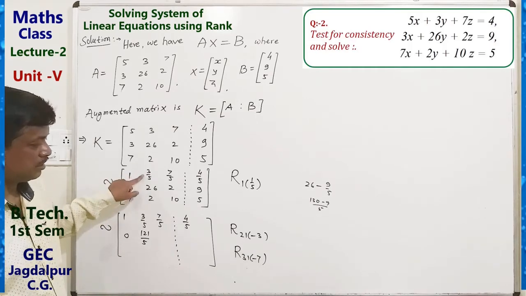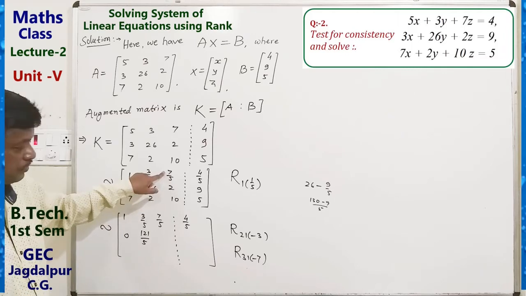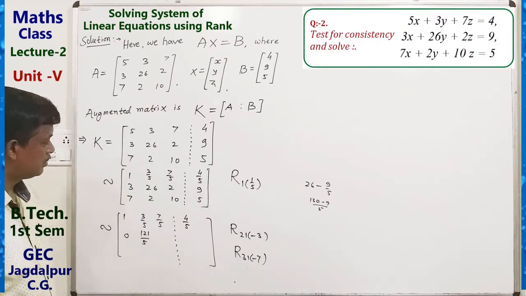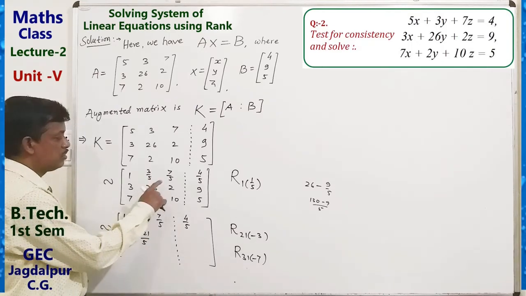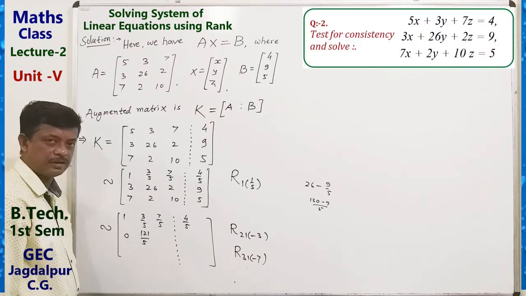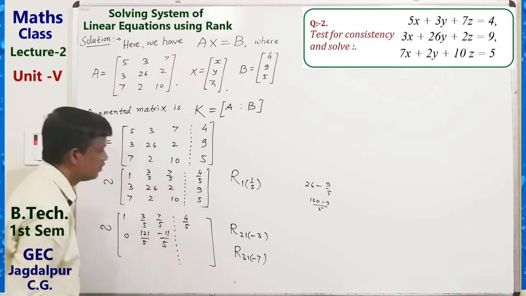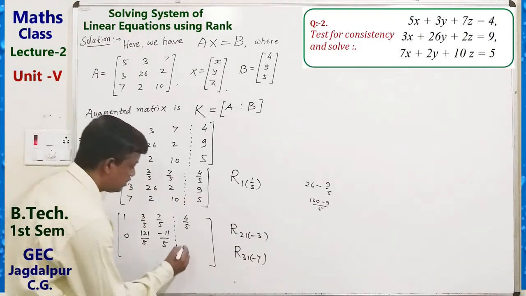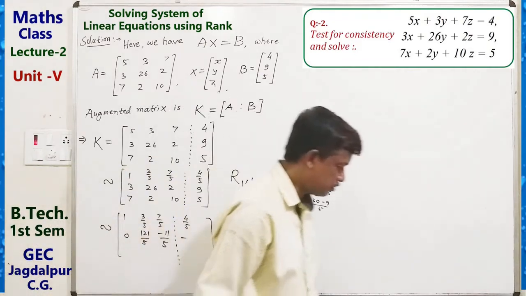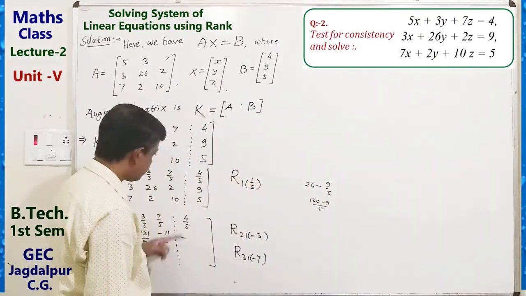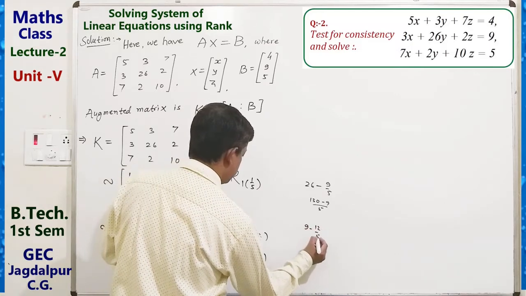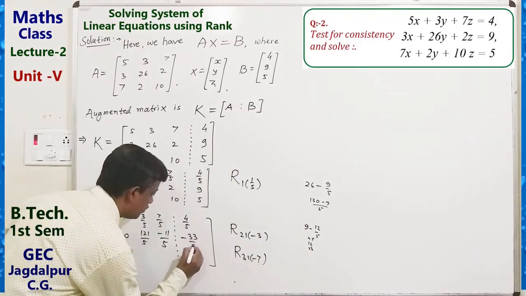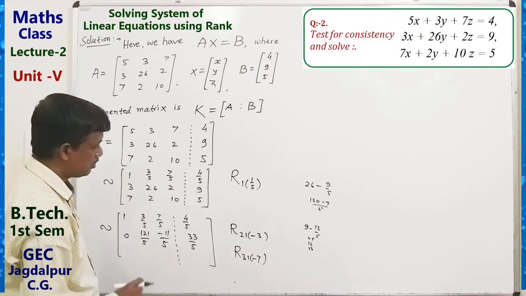Then multiply by minus 3 and add here: minus 12 by 5, since 9 minus 12 by 5 gives 33 by 5... Here also 121 by 5.